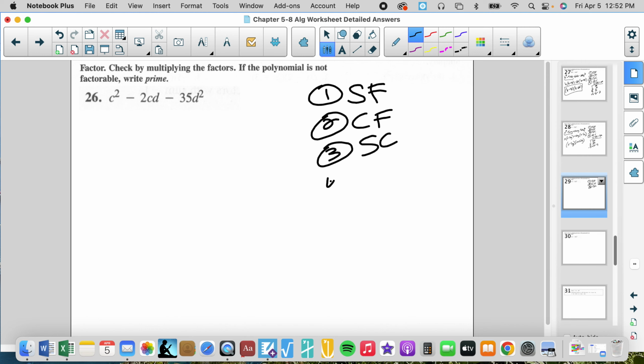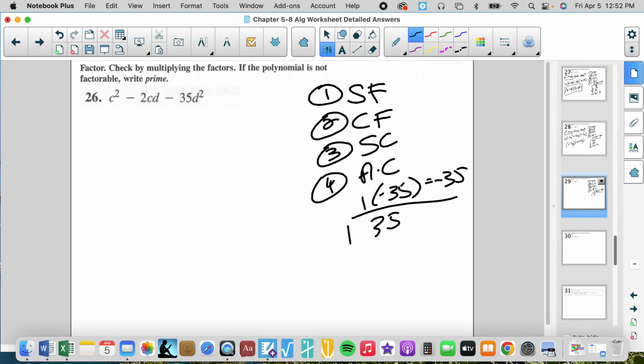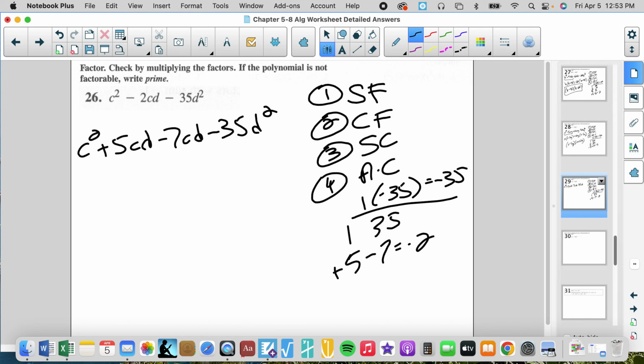Special case, no. A times C, 1 times negative 35, negative 35. 1 and 35, 3 no, 4 no, 5 and 7, negative, positive, negative 2. C squared plus 5CD minus 7CD minus 35D squared.